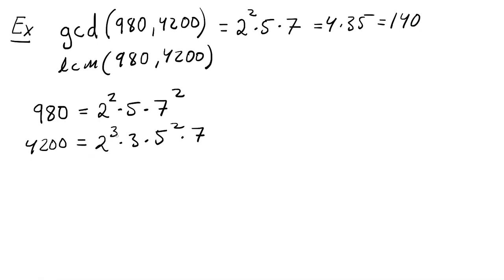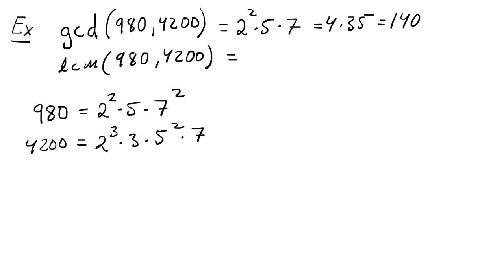But I can't have 3 2s because there are only 2 2s in one of them. So this is a divisor of 4200, but it needs to be a divisor of both. So the greatest common divisor is to see what we can find in common here. What is the greatest thing we can find in common? And that is 2 2s, 1 5, and 1 7.